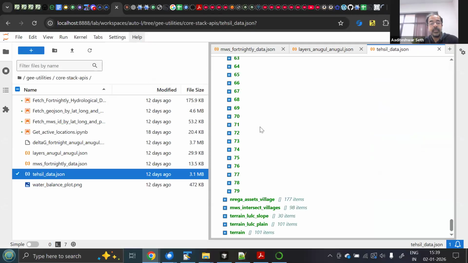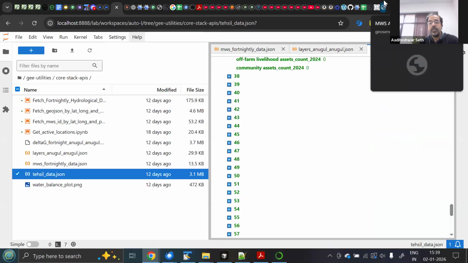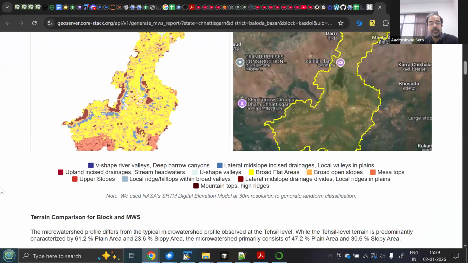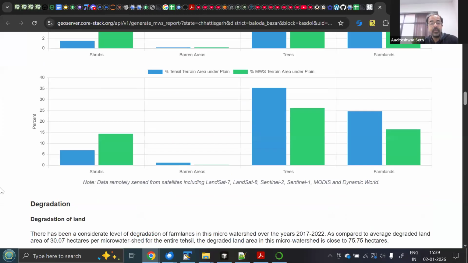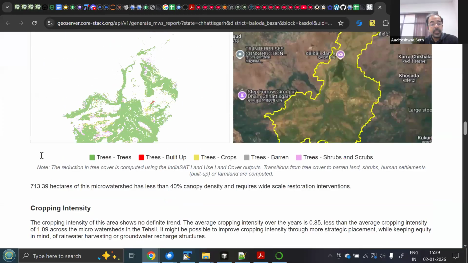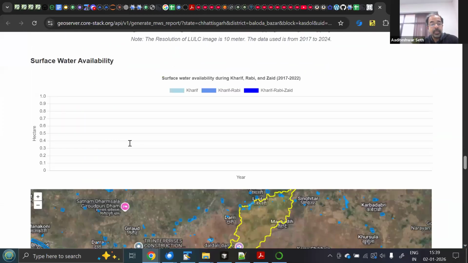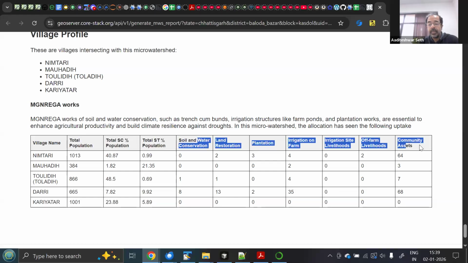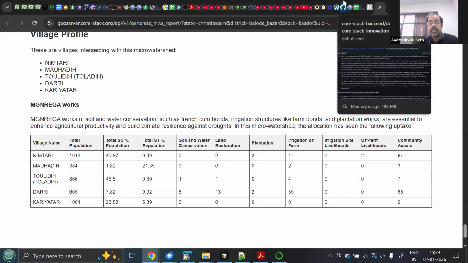This thing is picking up data through the same APIs that we're talking about over here. So this tells you, in that tehsil, this is what I had brought up earlier, but towards the end, you also have this information: what are the villages that intersect with this micro watershed? What is their SC/ST population distribution? What kind of NREGA works have happened over there? So soil and water conservation, land restoration, and so on. So that's the idea.